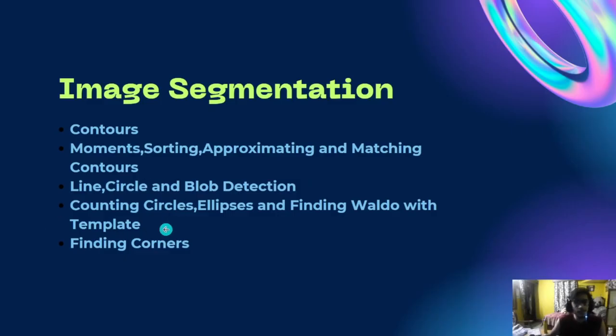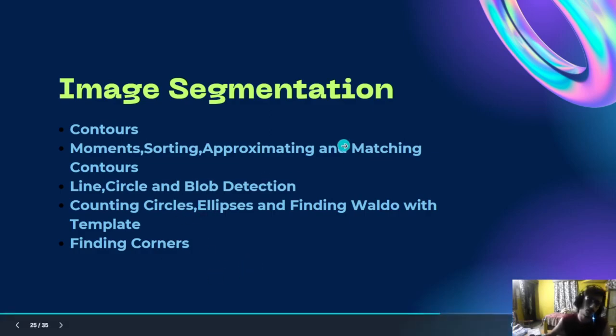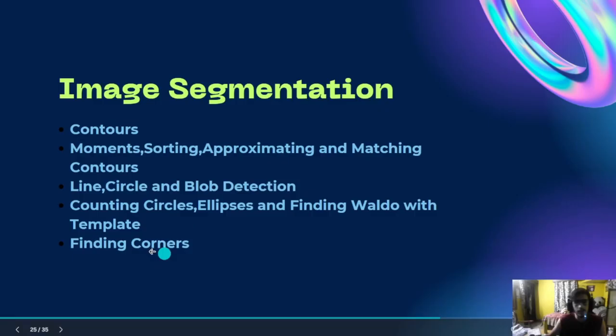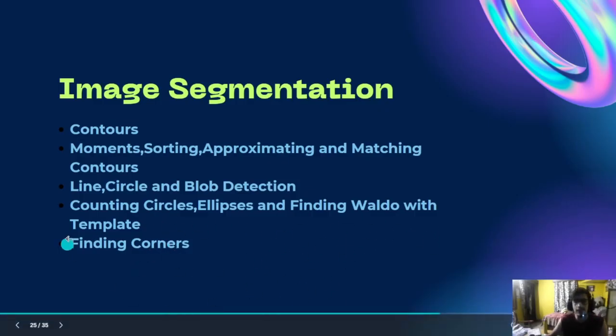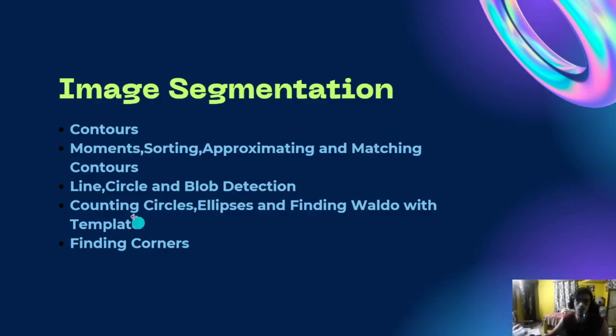After this, we will detect lines, circles, and blobs in our images. I will also tell what a blob is, although I know many of you would know, but it's not so common. Then in the next video we will count the circles and ellipses in the videos, etc. Then in the last video we will find the corners of the image. Okay, so let's start with our first chapter, contours.